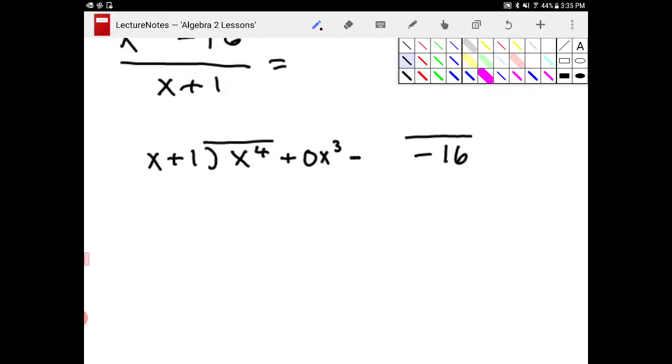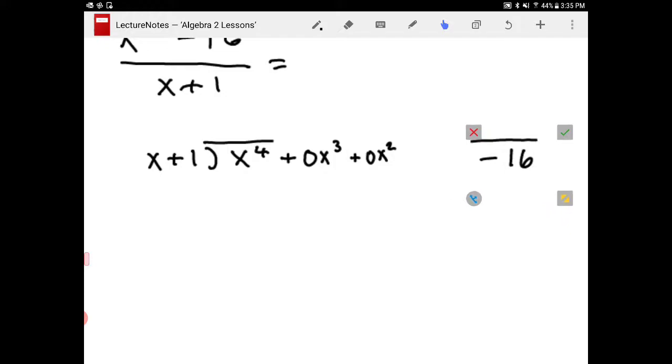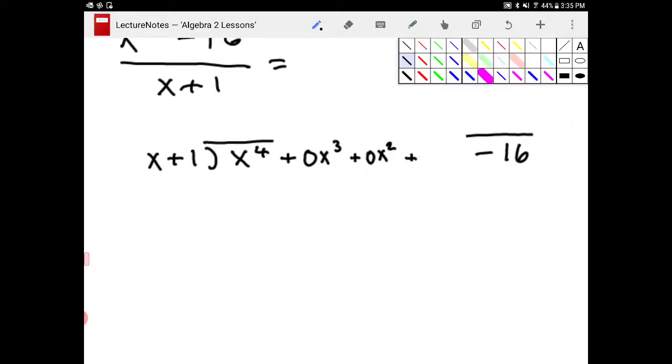And then the next placeholder I'm going to add in is, you guessed it, x squared. There's going to be yet another placeholder, and that is plus 0x. Now that I have all these placeholders in place, I am going to go through performing the long division.